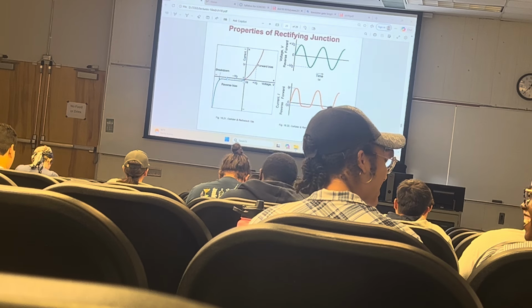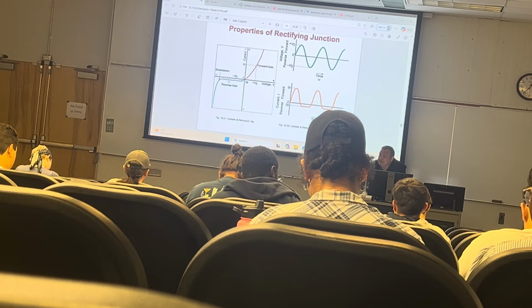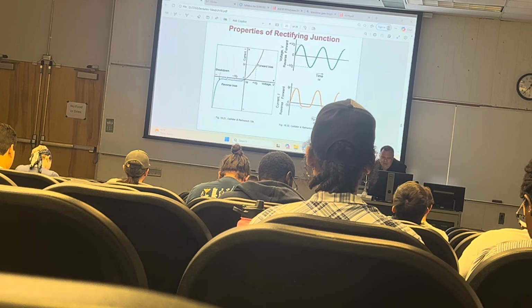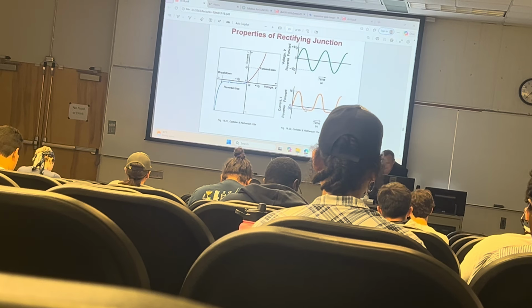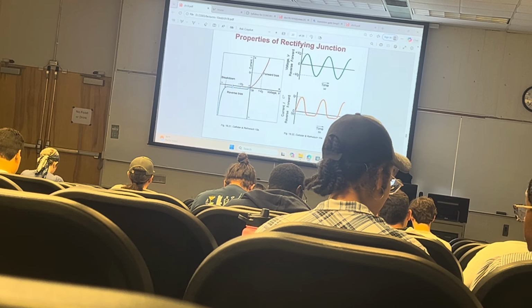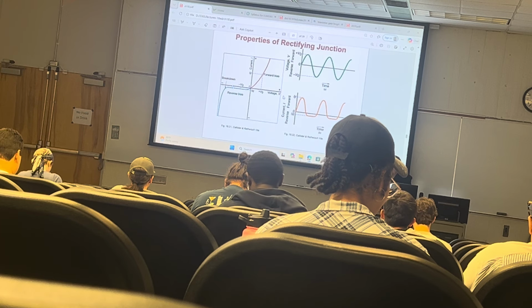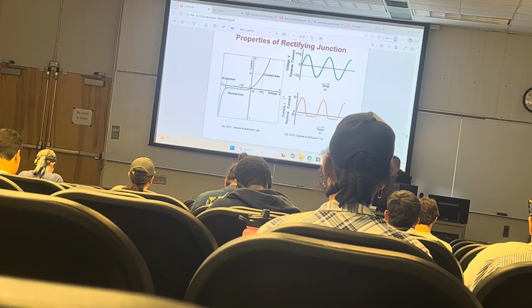For the reverse, it's locked in. All right, so what happens is it chops the bottom, not the whole bottom, but some of it. And because these pulses come at 60 hertz, this is a conversion from AC to DC voltage.